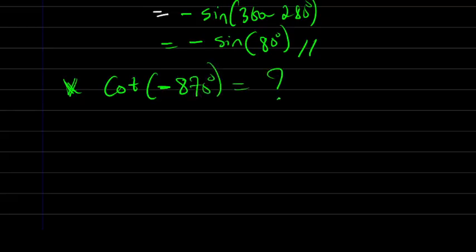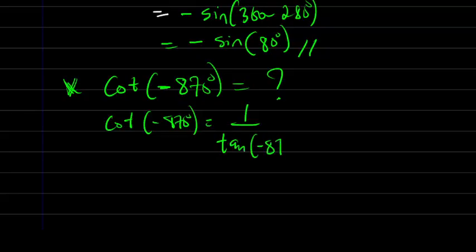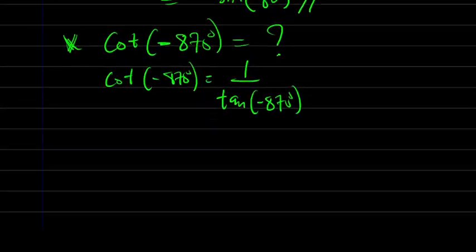What about, let's say, we're asked to find cot minus 870 degrees? That's very simple as well. Follow the same approach without wasting time. Cot is 1 over tan of minus 870 degrees.